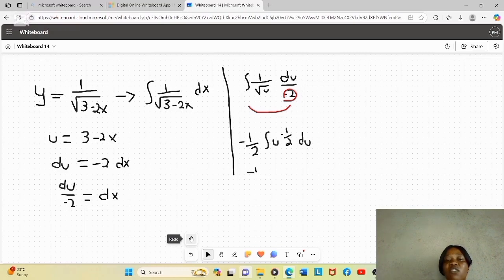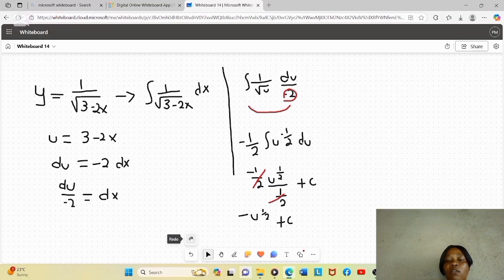Then from here we integrate u raised to the power negative 1 over 2. Then we have negative 1 over 2 times u raised to the power 1 over 2, all over 1 over 2, plus c. 1 over 2 will cancel with 1 over 2, then we'll be left with negative u raised to the power 1 over 2 plus c.